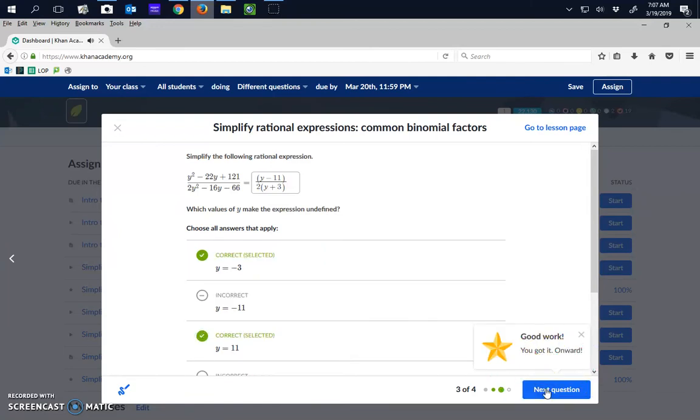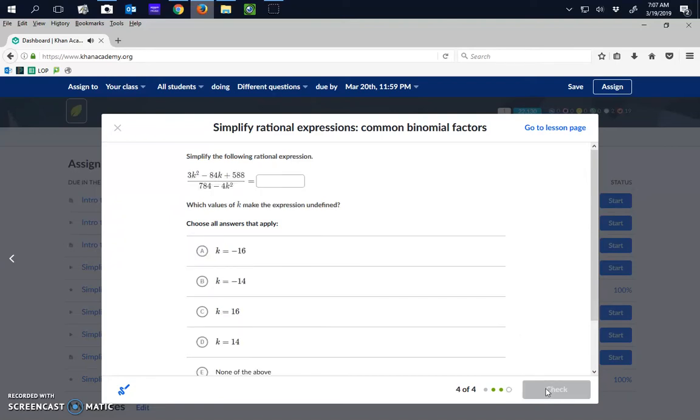Okay, last question. 3k squared minus 84k plus 588 over 784 minus 4k squared.